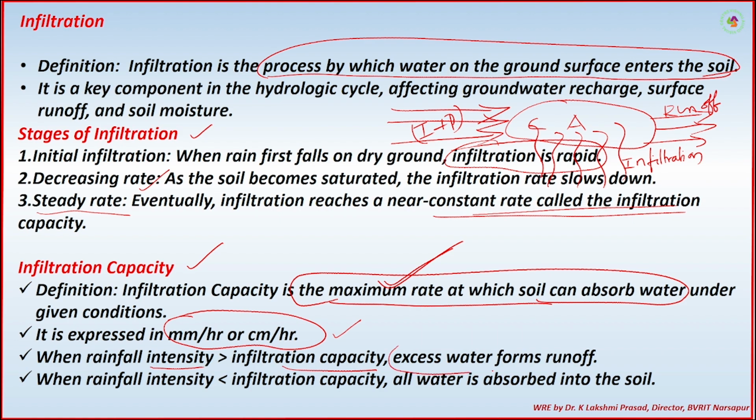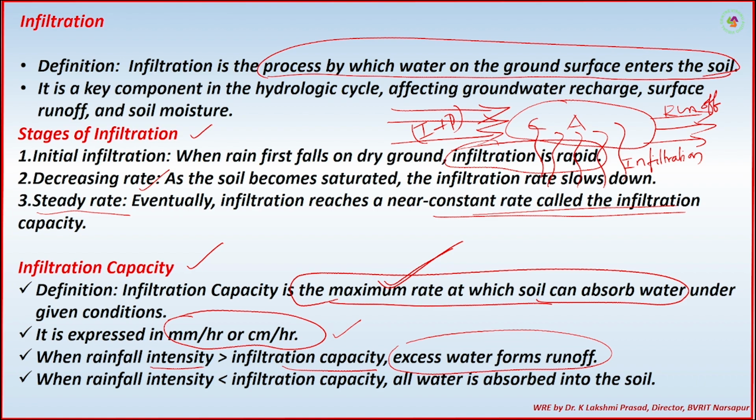So that's what we call excess water. For example, if the rainfall intensity is less, the rainfall is taking place slowly. The intensity means so much depth per hour, per unit time.